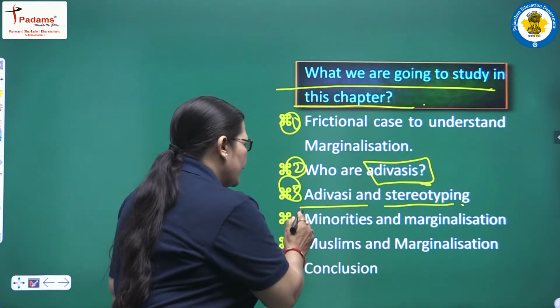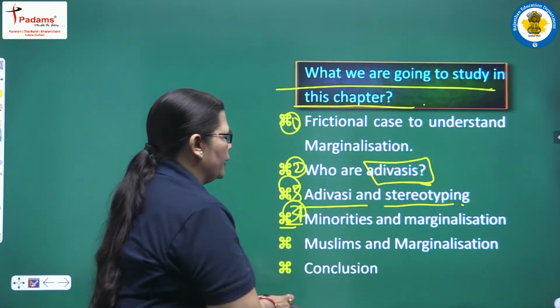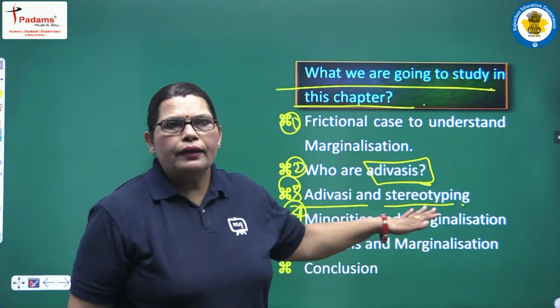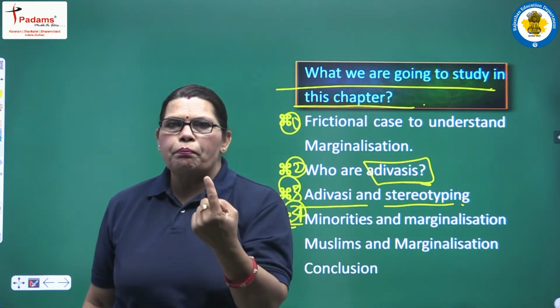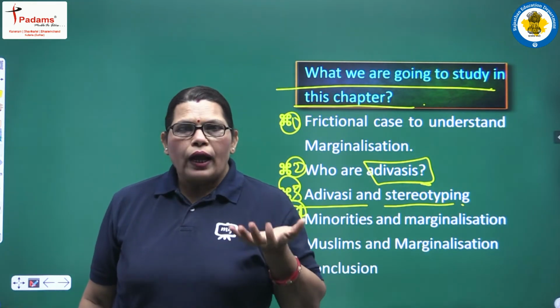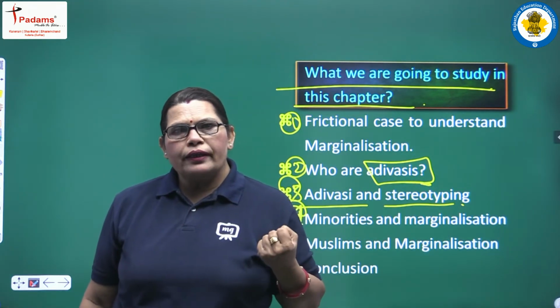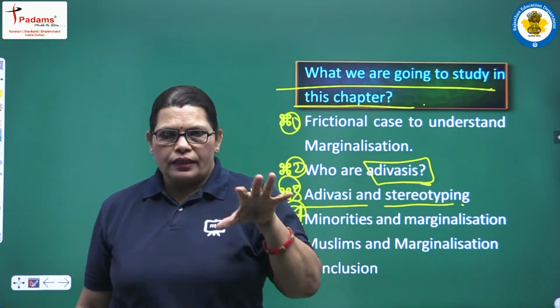The 4th point is minorities and marginalization. When we discussed 10 pencils and 1 pen, the pen is in the minor position.